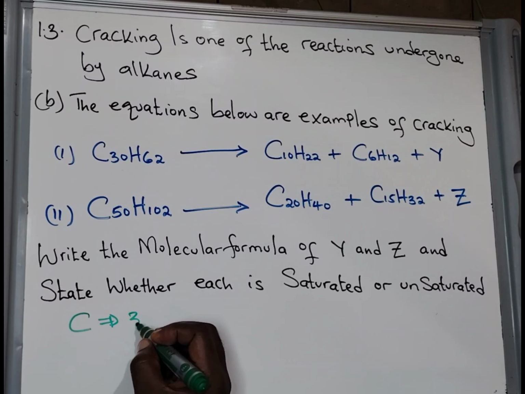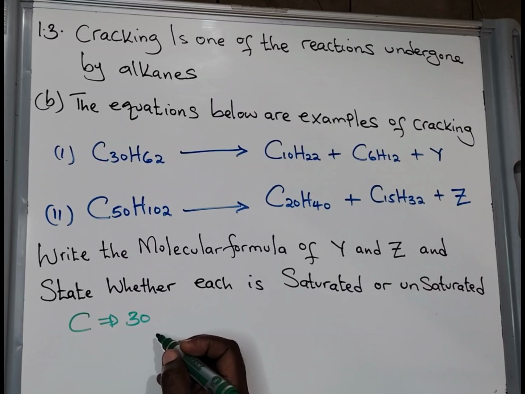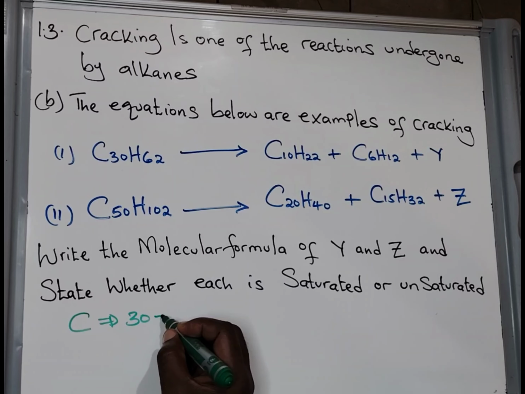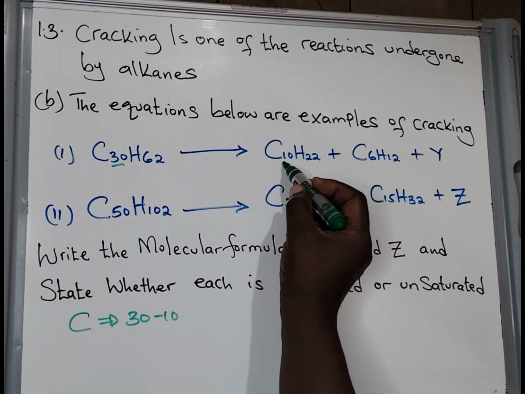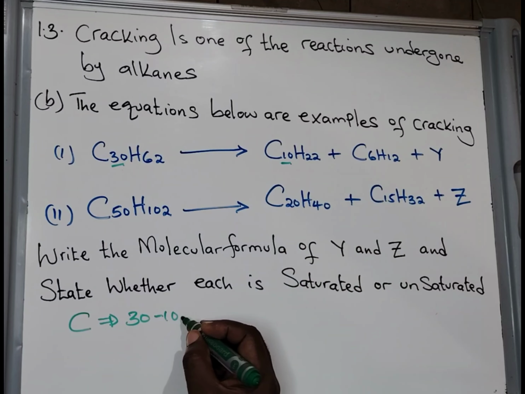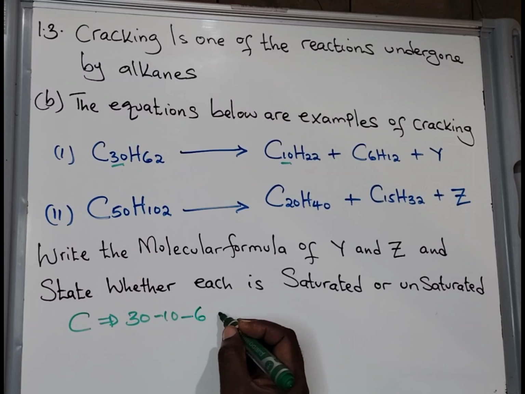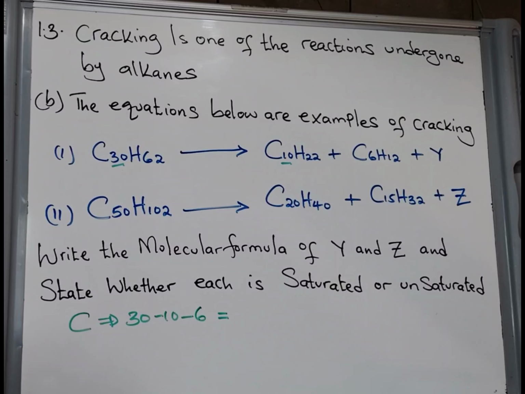Carbon is 30 minus 10, minus 6. What you get is going to be the number of carbon atoms. So there we are. It is 14.